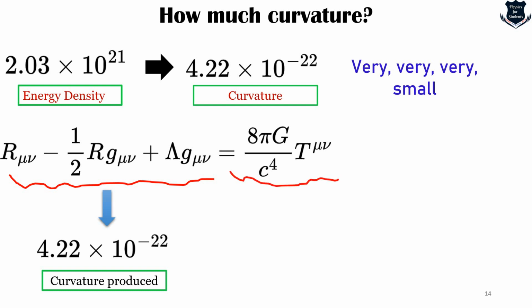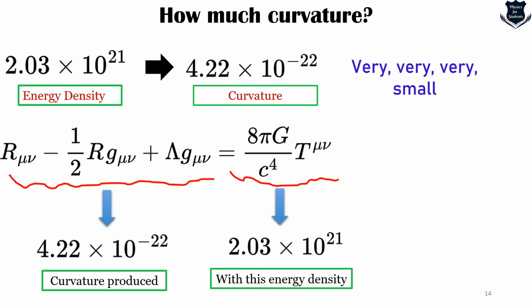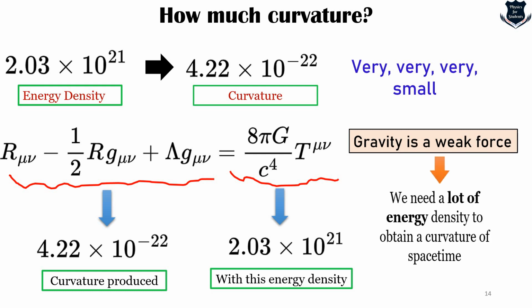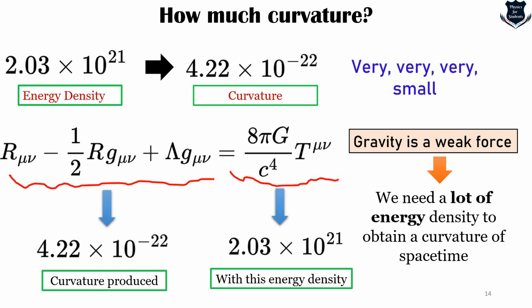And this part, the stress energy momentum tensor, has an energy density of 2.03 into 10 to the power 21, which we have taken from the densest material, osmium. So what we deduce is that when somebody says gravity is a very weak force compared to electromagnetism, understand that it requires a lot of energy density to obtain a curvature.